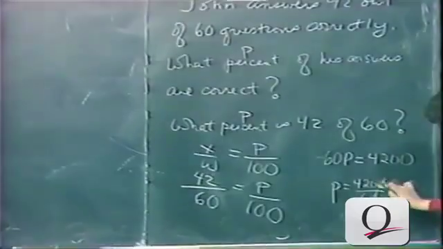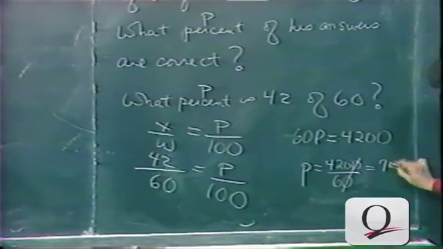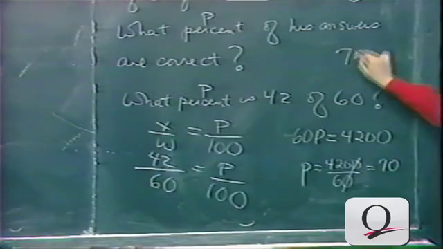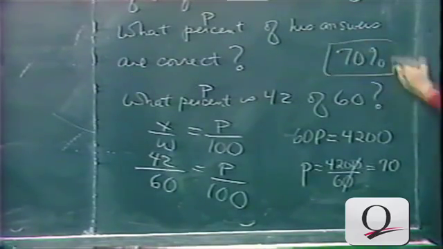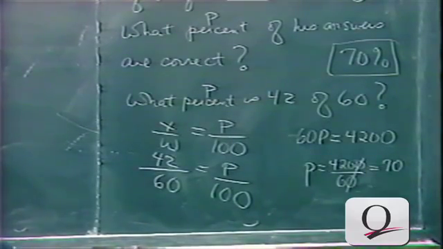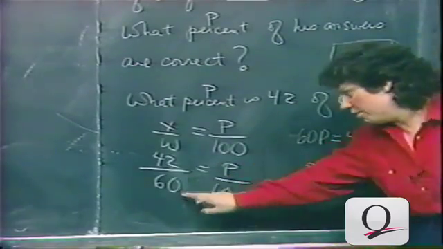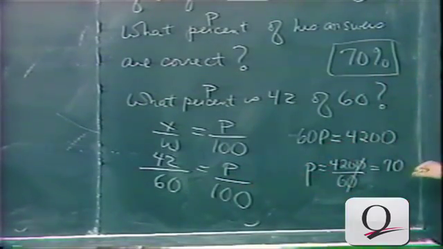And this we can do without any difficulty. 6 goes into 42 7 times, so this is 70, the answer. So he gets a 70% on the test if he gets 42 out of the 60 questions correct. What percent is 42 of 60? Is over of, writing that as a percent. And it comes out 70%.